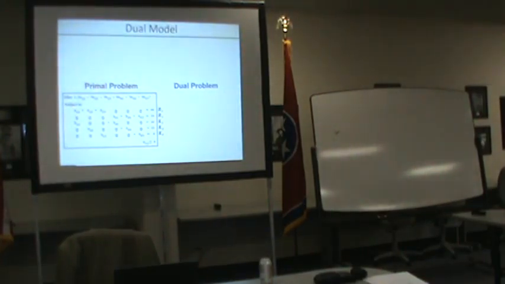Now let's write the first constraint. I'm going to take the first column, which is 1 and 1. It's actually 1, 0, 1, 0, 0. When you write the first constraint in the dual, the coefficients are 1, 0, 1, 0, 0, and you put it as a row.